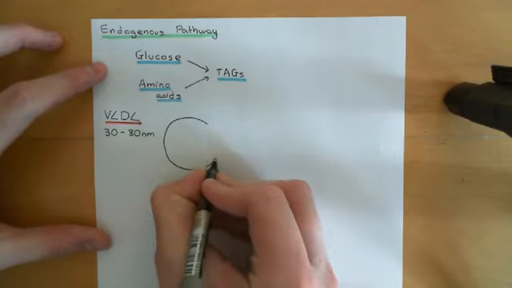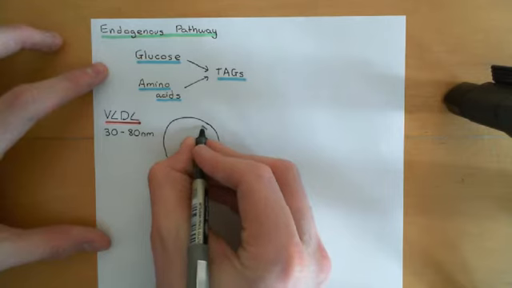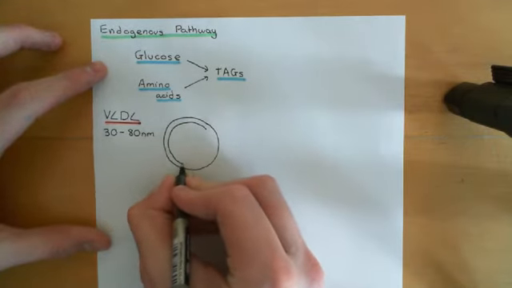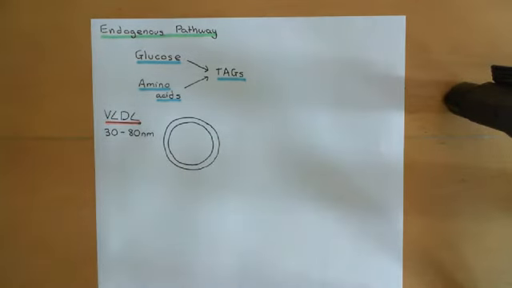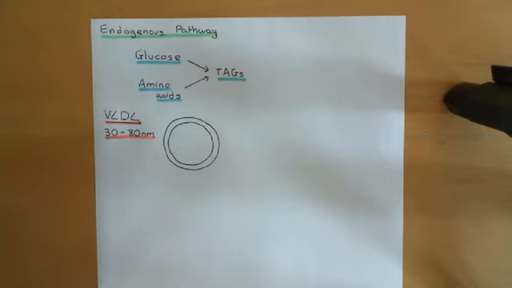Nowhere near as large as the 1,200 nanometers which the chylomicrons could get up to, but they are still big lipoproteins, certainly compared to HDL particles.